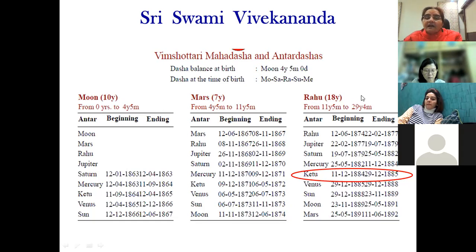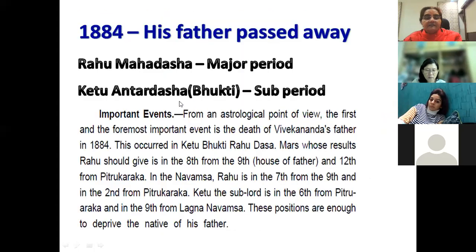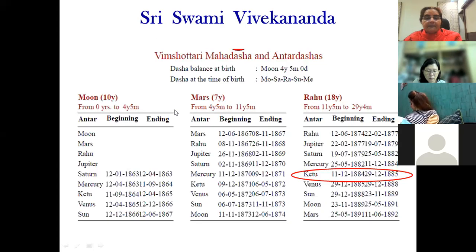But if you see, in the Rahu Mahadasha, this is the Ketu Antardasha, and it was happening in December 1884 to 1885, or maybe it could be this, but doesn't matter. It is matching within the Rahu. It is Ketu Bhukti. This is what he has written: Rahu Ketu Bhukti, his father passed.